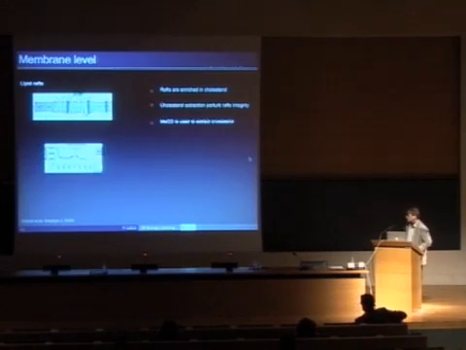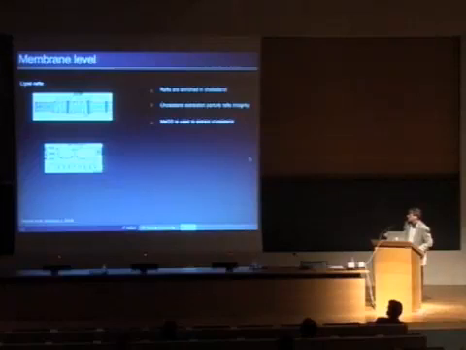Now, if you follow the stiffness of the domain in which you have these GPI anchor proteins as a function of time, you see that you are always above 100. And 100 means 100%, which means there is no difference between the pieces of membrane in which you have the receptor and the surrounding membrane. But since you see that all the points are above 100, this means that all these pieces of membrane are stiffer than the surrounding membrane. This means that the GPI domains are stiffer than the surrounding membrane.